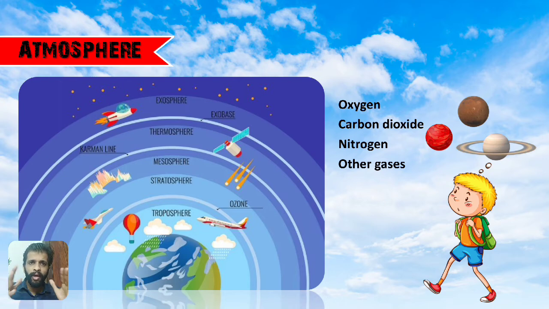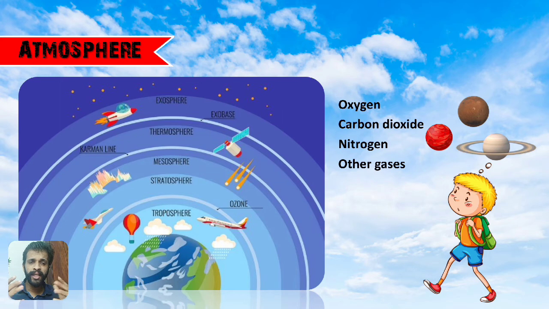The speciality about earth is that most of it is made up of nitrogen. On some other planets like Mars and Venus, most of the gas that makes up this entire blanket is carbon dioxide. So it becomes very difficult for life to exist on those planets.